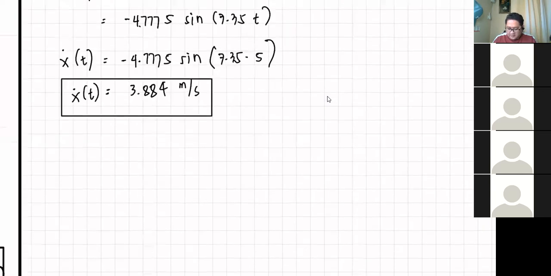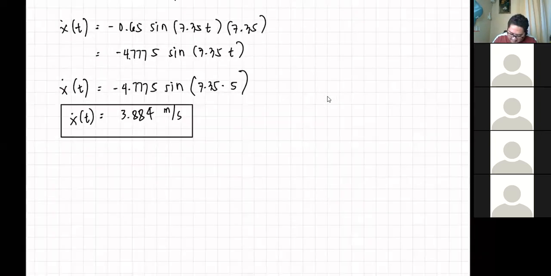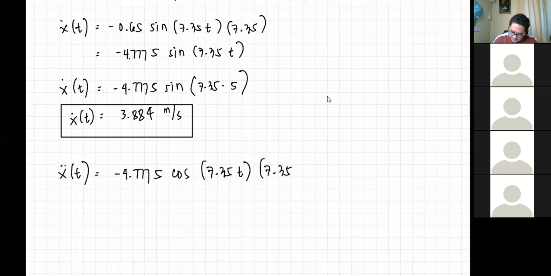Okay. Then for acceleration, i-derive lang natin yung first derivative natin. So we have negative 4.7775 times cosine of 7.35t times 7.35. So this will be negative 35.115 cosine of 7.35t.